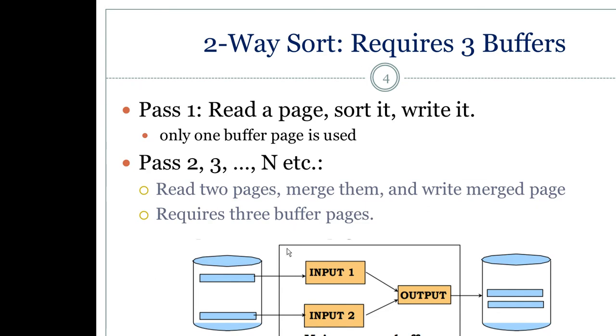Again, whichever is smaller will be written on the output buffer. So here we require 3 buffers. Once the output buffer is full, the data will be written back onto secondary memory. Meanwhile, if either input buffer completes all its records and comparisons, then the next page will be loaded into the main memory buffer. So in two-way merge sort, we require 3 buffers, 2 input buffers and 1 output buffer.